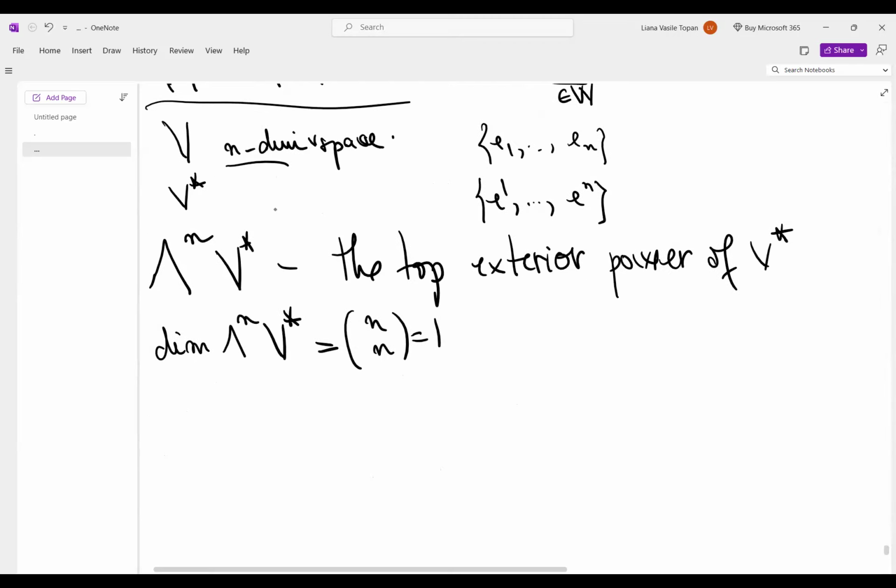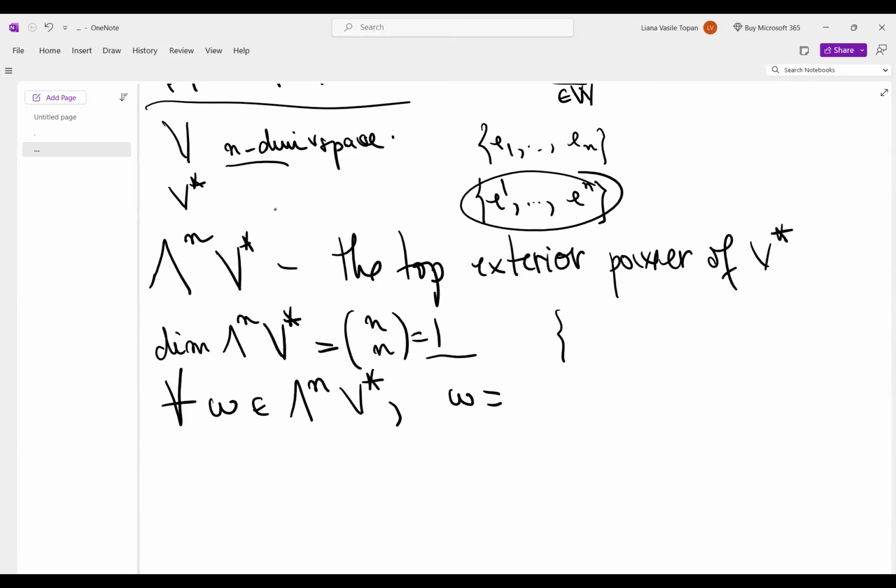Which means that every alternating n-form on an n-dimensional vector space can be written as a linear combination of the basis. How many elements in the basis? One element in the basis. What is exactly the basis? Do you remember? Wedge products of these vectors in which the indices are increasing.